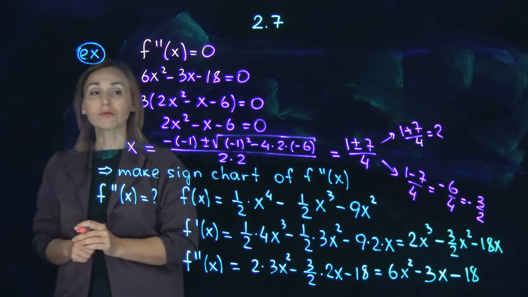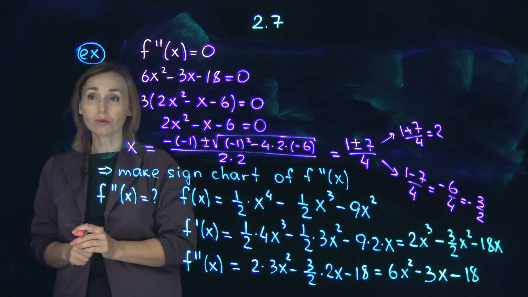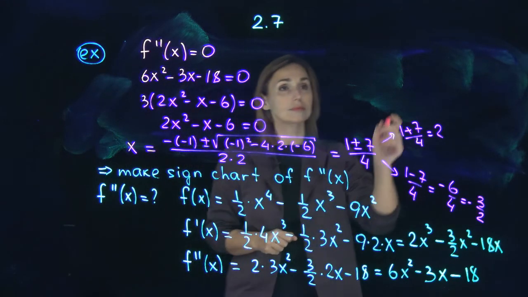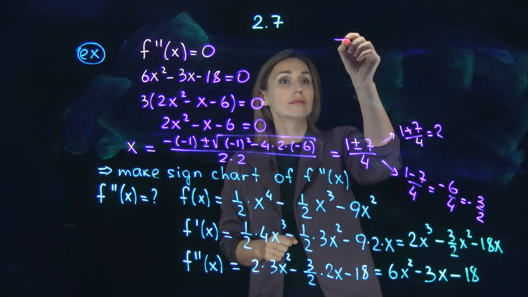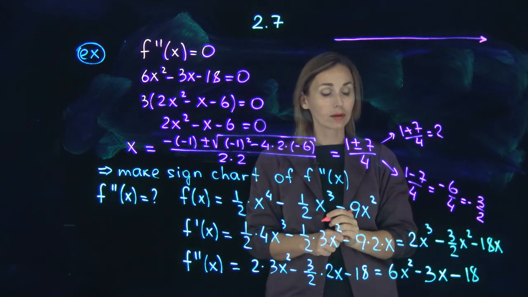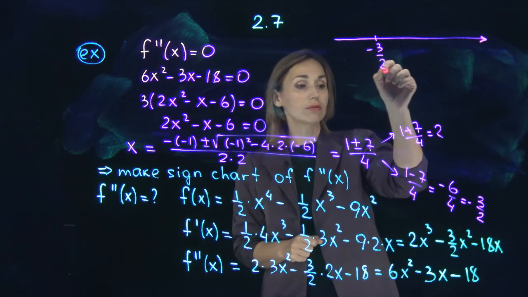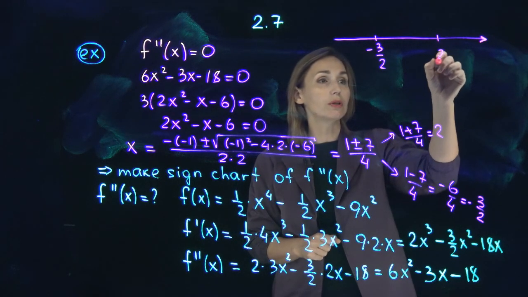So now I have 2 points where the second derivative is 0. I need to plot those points on the number line. Negative 3 over 2 will be on the left side, and positive 2 on the right side.